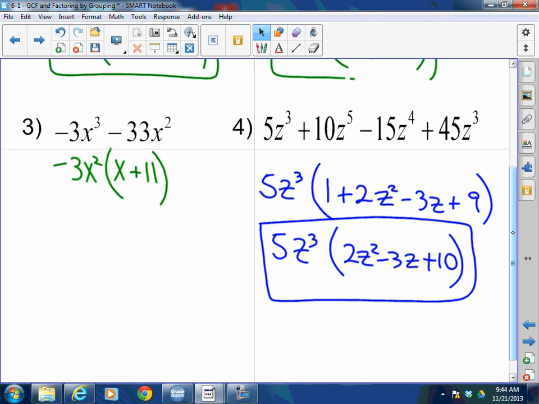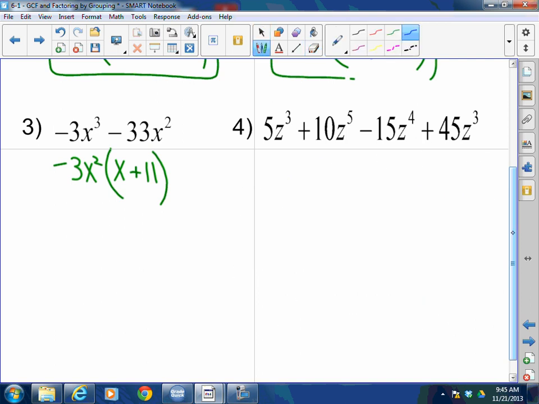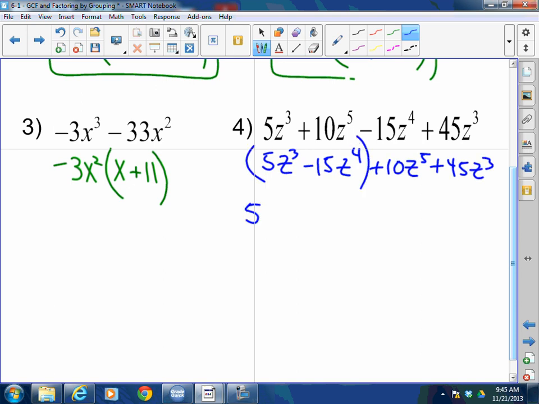No. The question was, in this case, if you tried to group it. Let's say you didn't do the GCF. Let's rewrite this. So we have 5z cubed minus 15z to the 4th plus 10z to the 5th plus 45z cubed. Okay, from this guy I can take out a 5z cubed, which gives me 1 minus 3z.